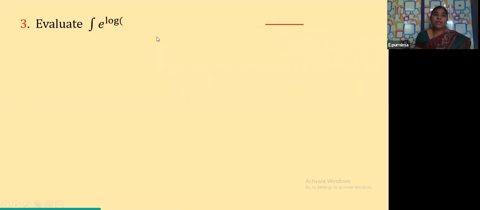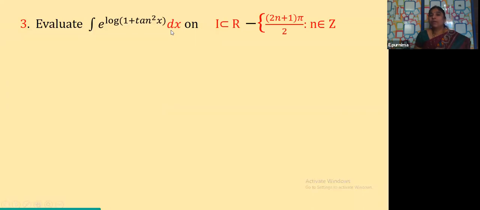Evaluate integral e to the power of log of 1 plus tan square x dx on I subset of R minus (2n plus 1) into pi by 2, n belongs to Z. So this is a condition where this function is valid, children. So evaluate e to the power of log of 1 plus tan square x dx.